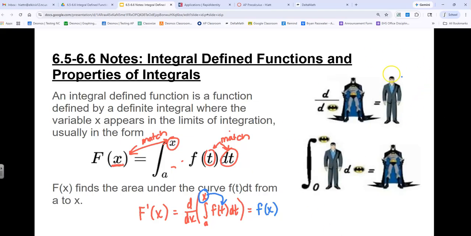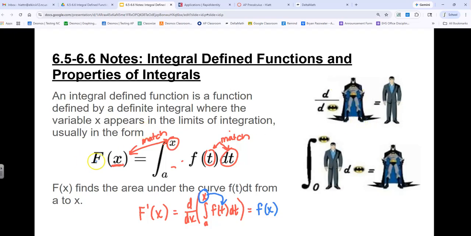And I have my little picture over here. I thought I saw this on a t-shirt a while back, and I need it for the fundamental theorem of calculus this time, but I couldn't even get a good quality picture. But what's happening here is our capital F is like our Batman, right?